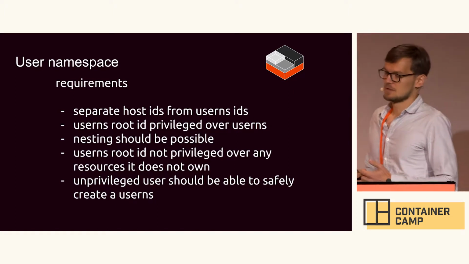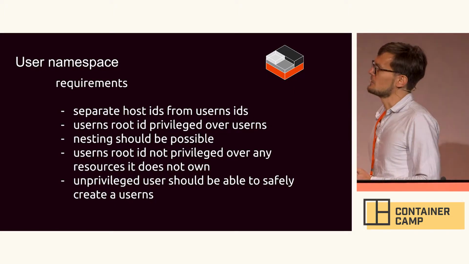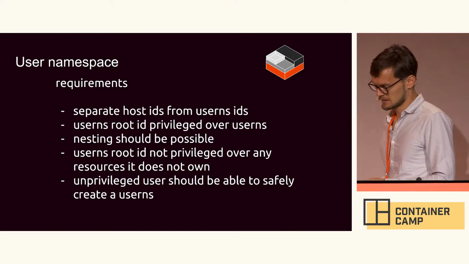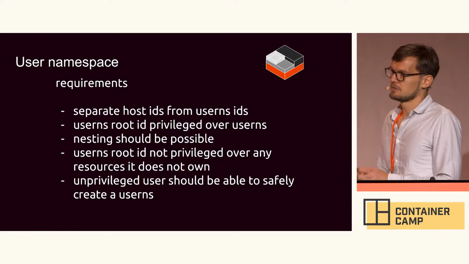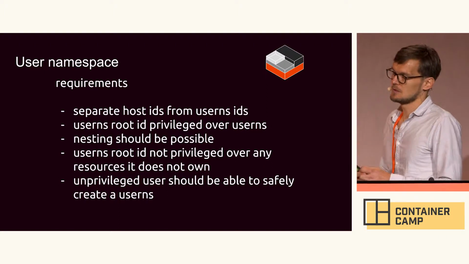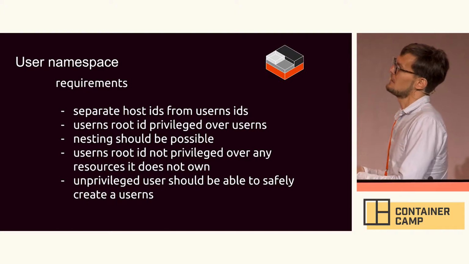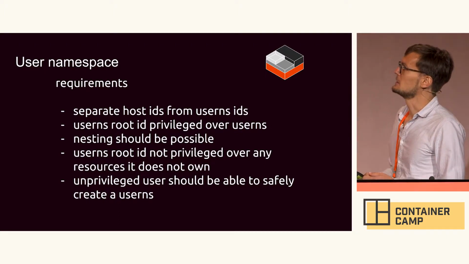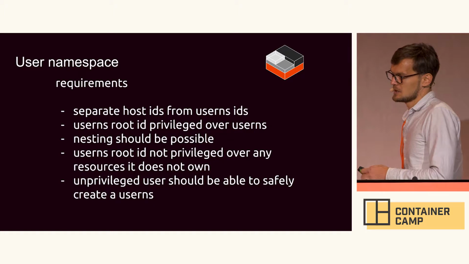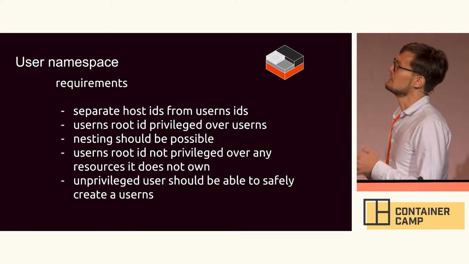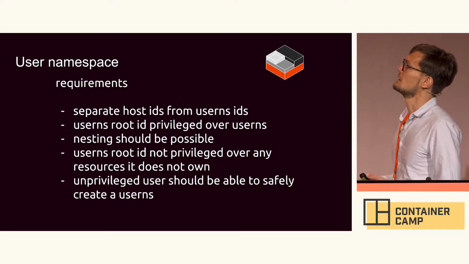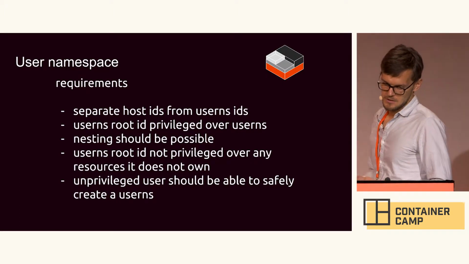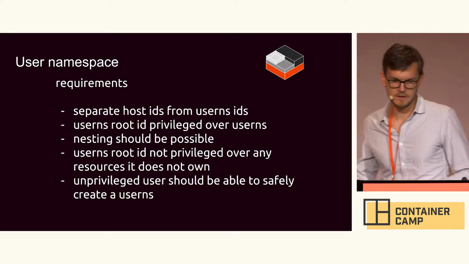What you want to do is separate the host IDs from the user namespace IDs in multiple ways. The most critical way is that you want to isolate the privilege that is carried by host IDs from the privilege that is carried by user namespace IDs. What this means is you shouldn't be able to perform operations that affect the host based on the privilege that user namespace IDs carry. You also want to have a root ID that is privileged over the user namespace.